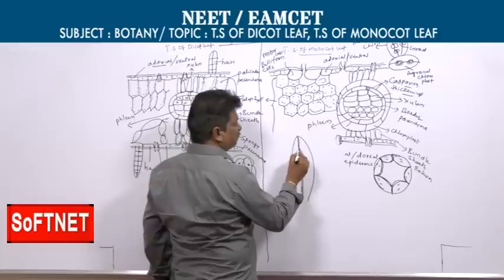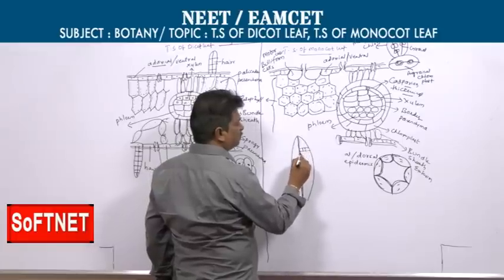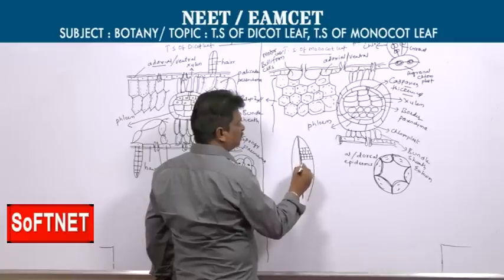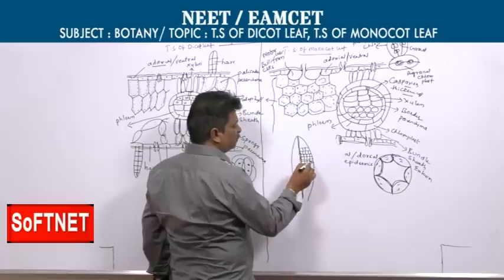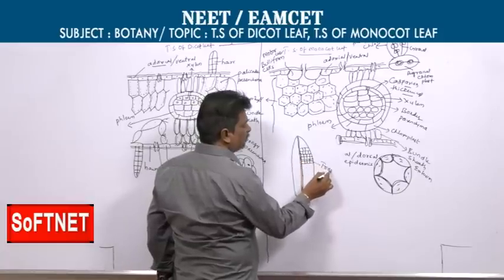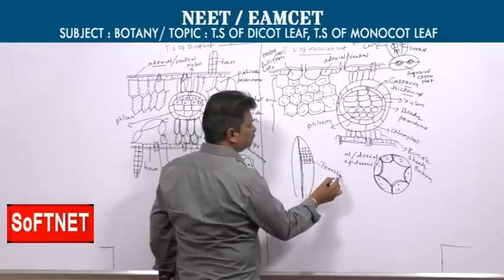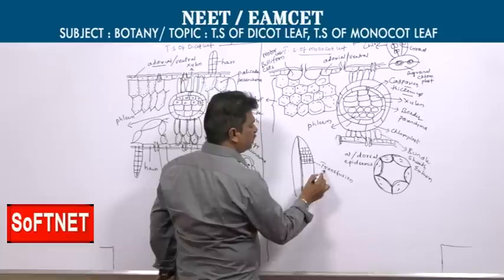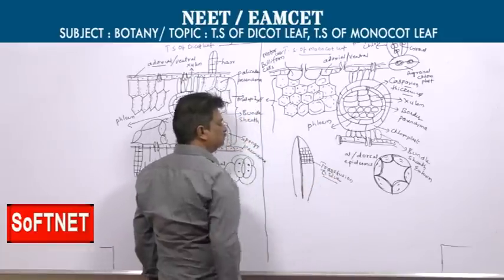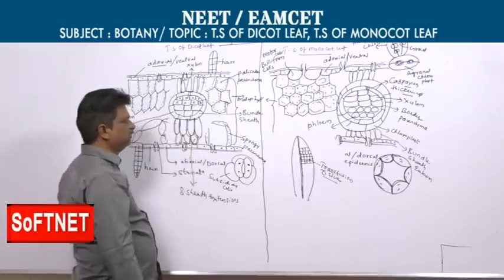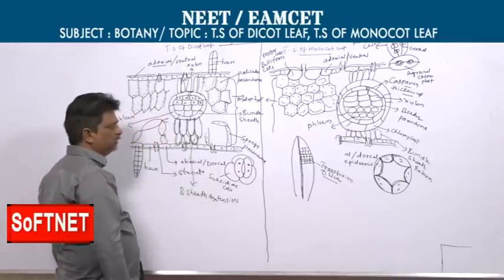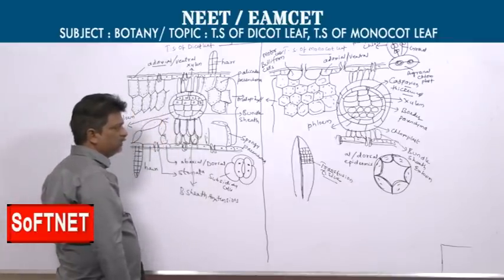Instead of lateral veins, between palisade and spongy parenchyma, transversely elongated cells are present, rightly called transfusion tissue. This transfusion tissue performs the function of lateral veins, meaning lateral conduction.